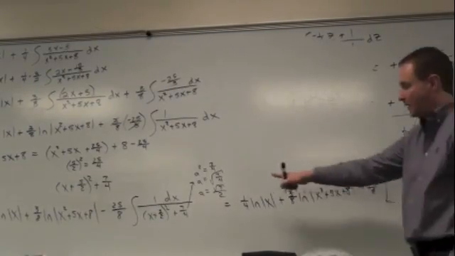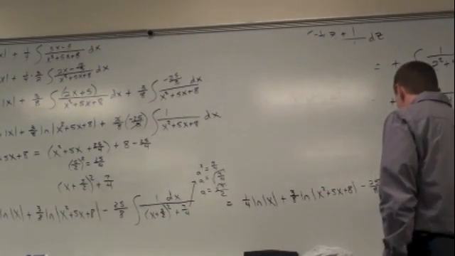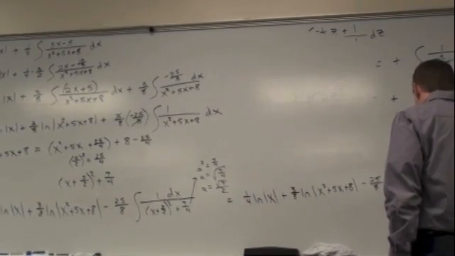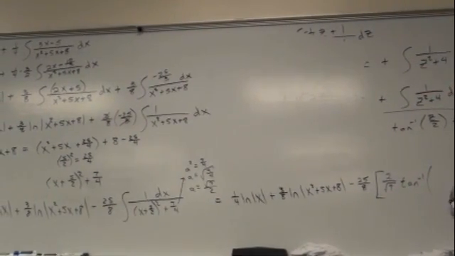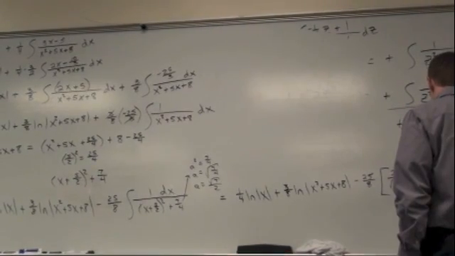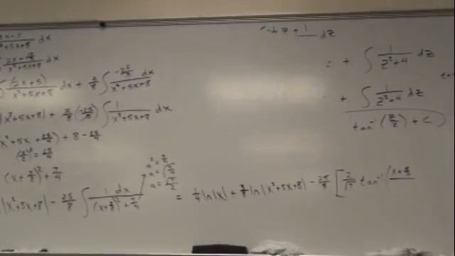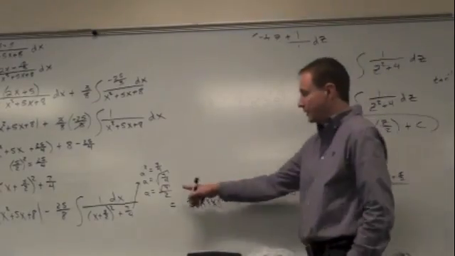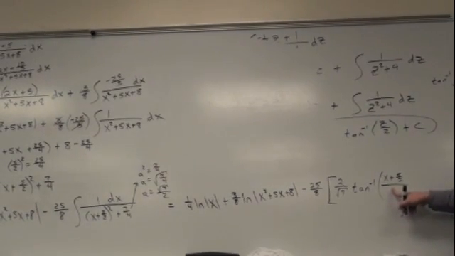1 over a. 1 over a is just the reciprocal of a. 2 over the root of 7. Inverse tangent of the term squared, x plus 5/2. Divided by a. Well, divided by a, I could put a square root of 7/2 in this denominator.